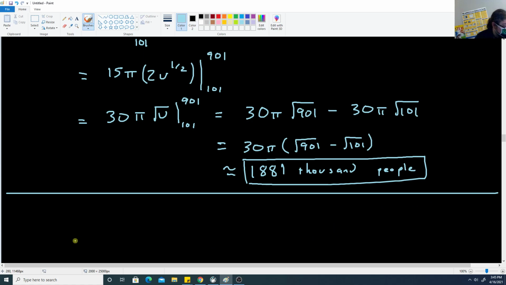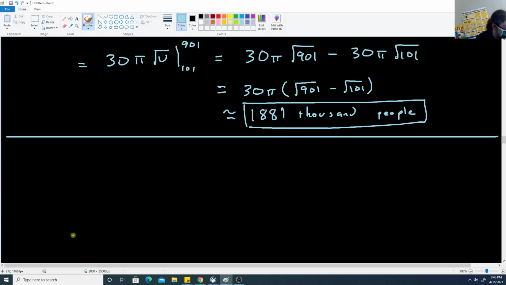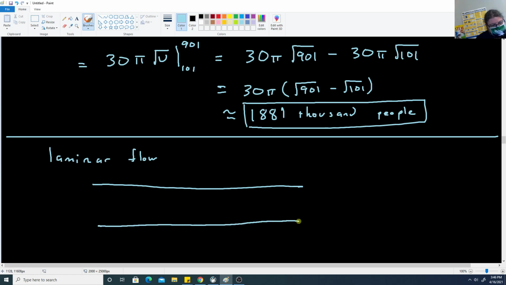So the next bit we have here is talk about laminar flow, which basically says if you have a pipe or a tube or something that fluid flows in, the fluids close to the wall, they have friction with the wall, so their velocities will be kind of slow.